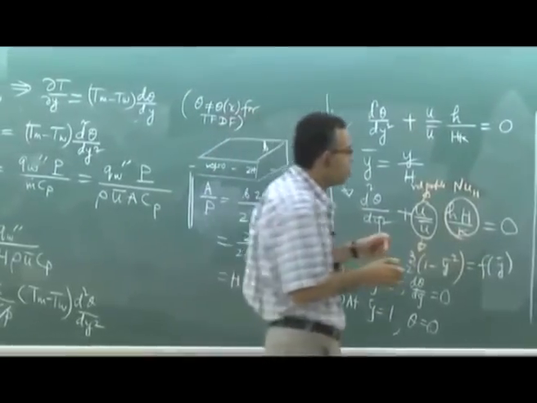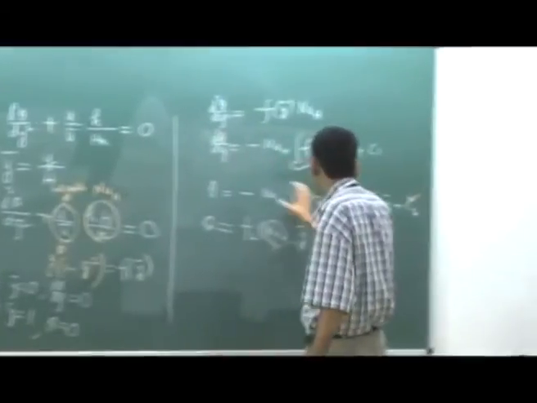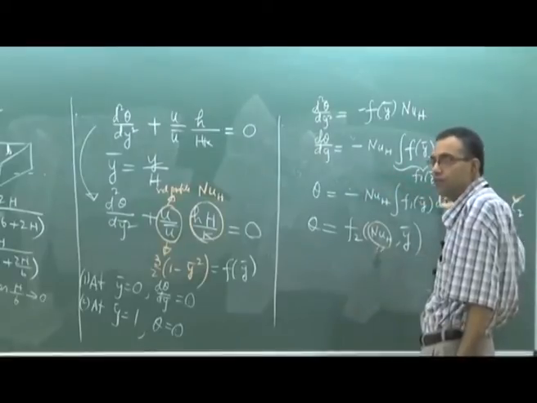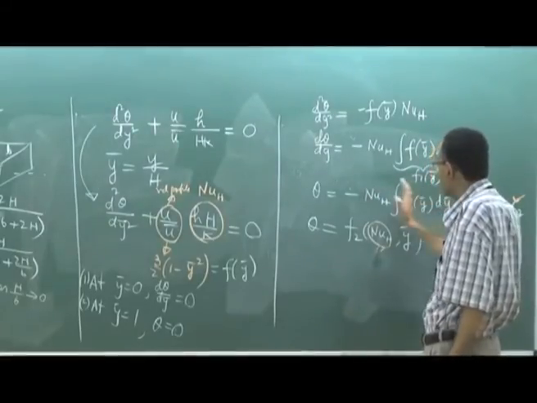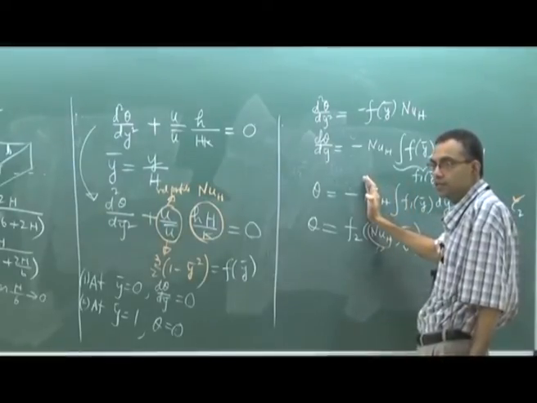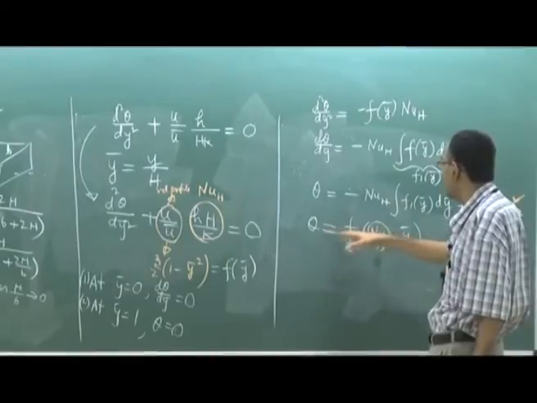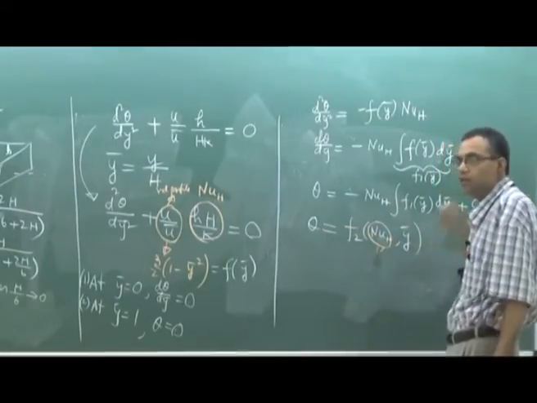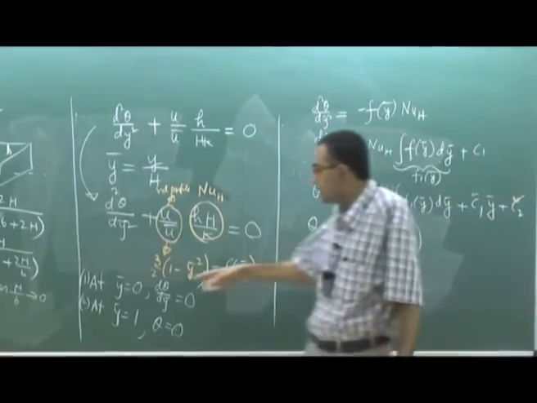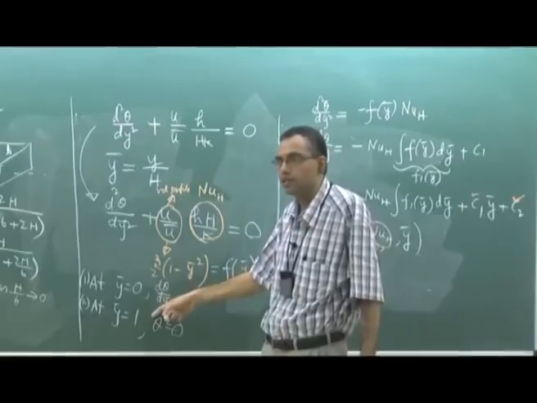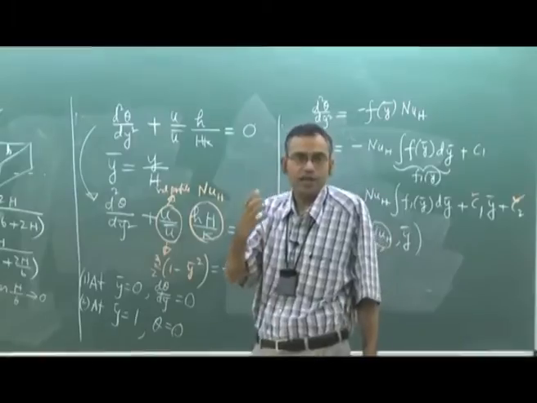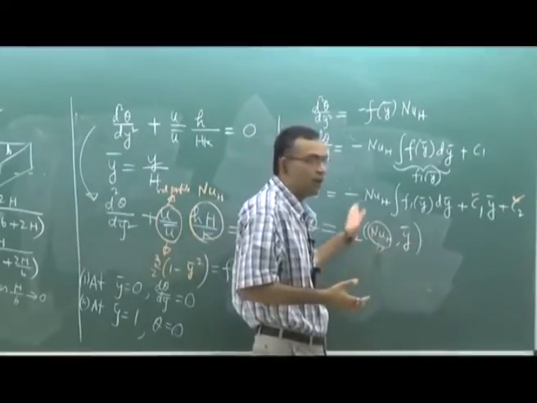And remember that although I have written it as a function of Nusselt number and y, actually Nusselt number is separated from the function of y. It is Nusselt number into some function of y, because it is not mixed with y. Nusselt number is outside this integration. Now you might argue that yes, we have used two boundary conditions for a second order differential equation. So what makes the situation that still the problem is not completely solved?